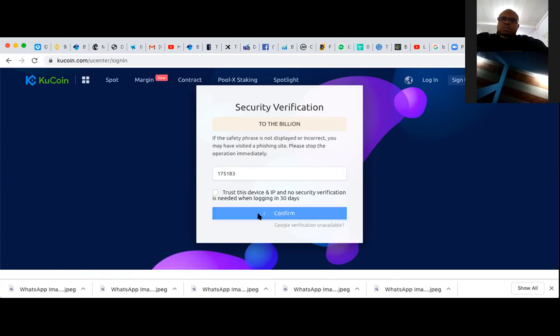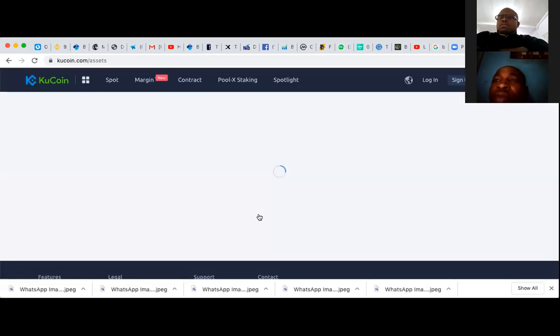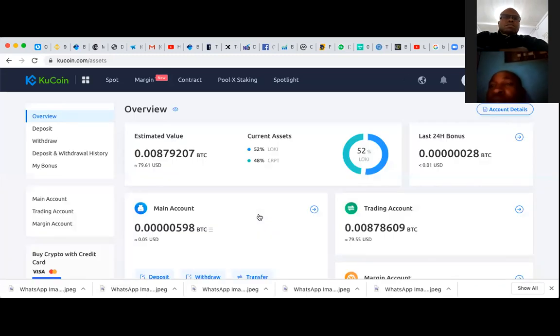Okay, so this is KuCoin, for instance. So see what I want to show us here on KuCoin. KuCoin has a lot of advantages. If you know how to make use of it, you can take advantage of so many things on KuCoin. And always read updates too on your KuCoin.